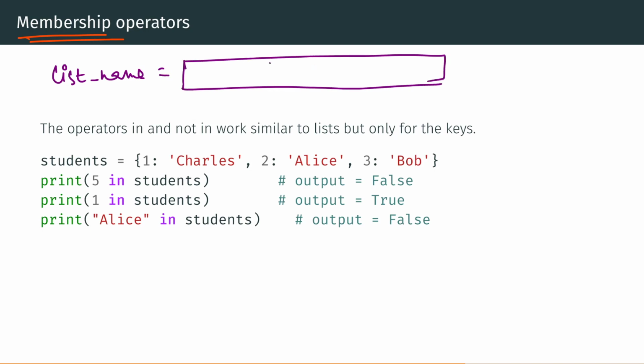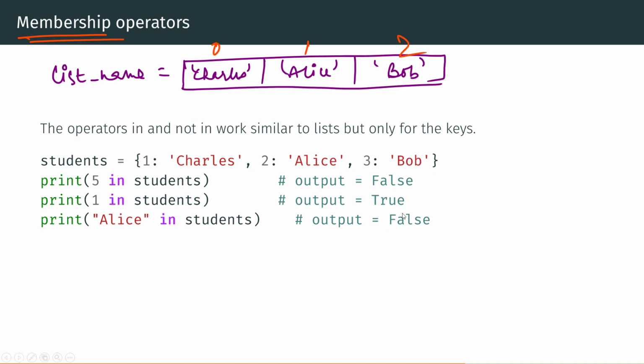The list elements are Charles, Alice, and Bob. These are your list elements, and the indices are 0, 1, and 2.